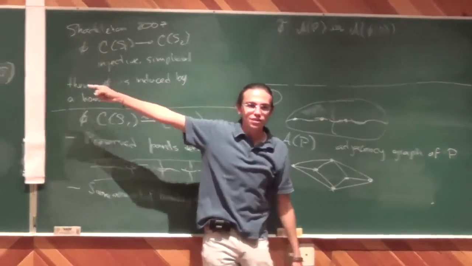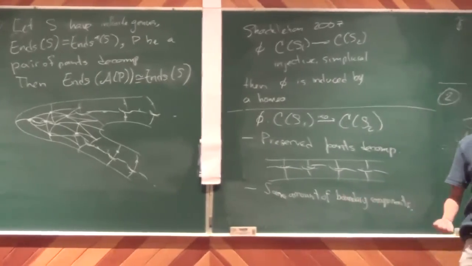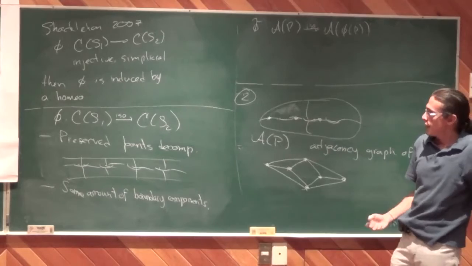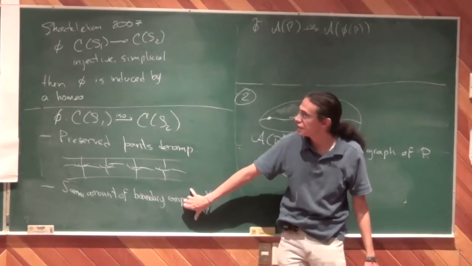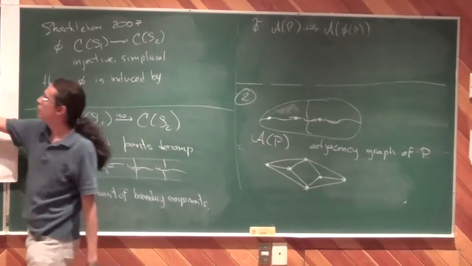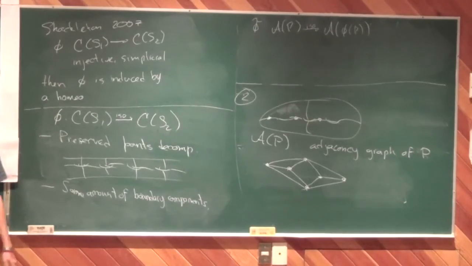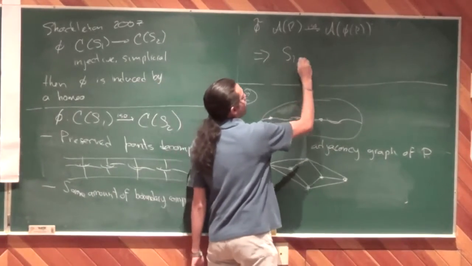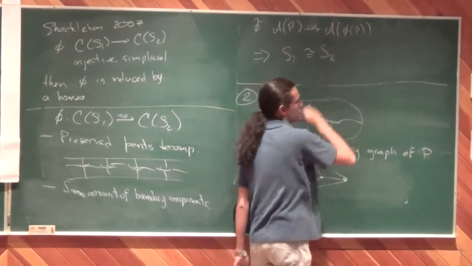We go back to that result, and we have that S1 and S2 have the same end space. That, and with this condition, pretty much told us that S1 was homeomorphic to S2.